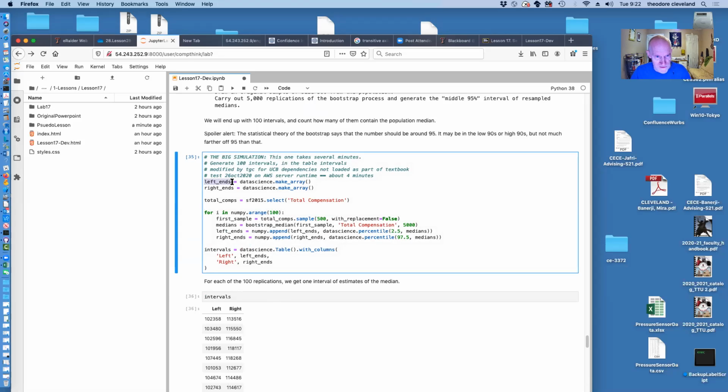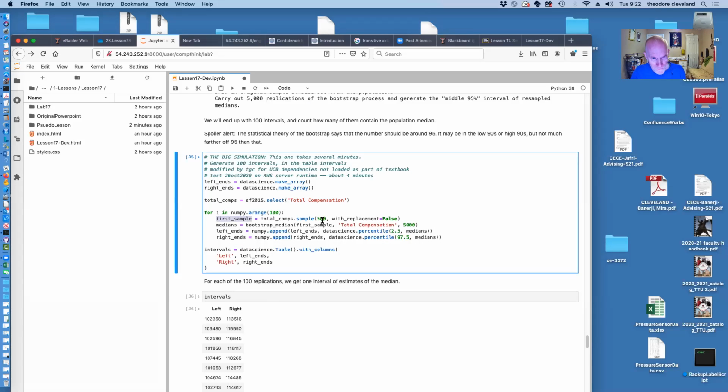So we get the left ends and the right ends, and we're going to create arrays to store those values in. Total compensations we're going to take from the SF 2015 select from the 36,000 compensation values. We're going to do in this loop 100 times the following.